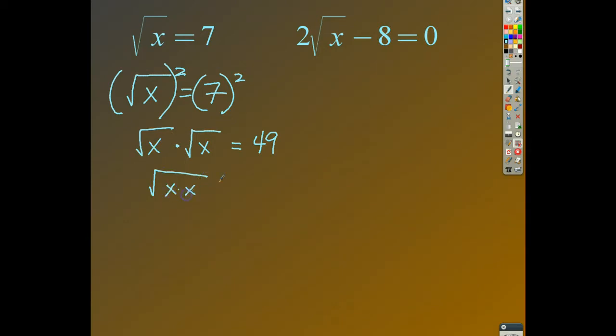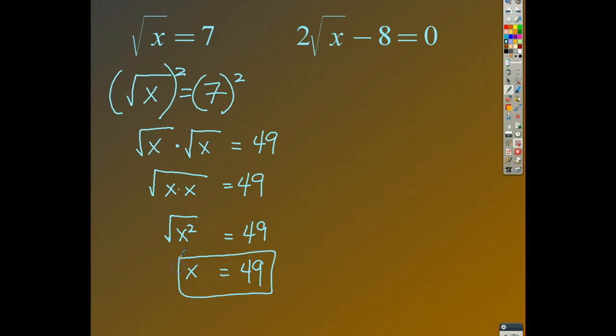So this will be the square root of x times x, and I can rewrite that as the square root of x squared is 49. What is the square root of x squared? The square root of x squared is x. So this would be my answer.